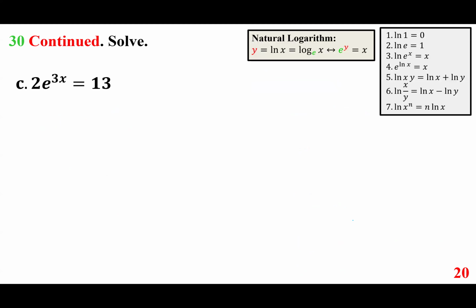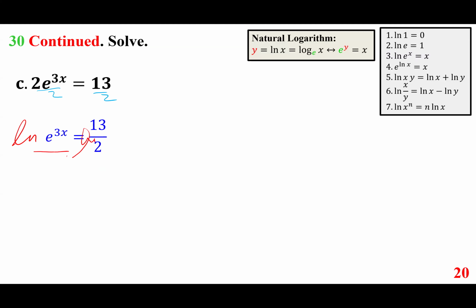We're going to continue with more equations. In this case, we want to solve for x. Number 1, divide by 2. Number 2, in order to get to the exponent, you have to take a natural log, everybody.